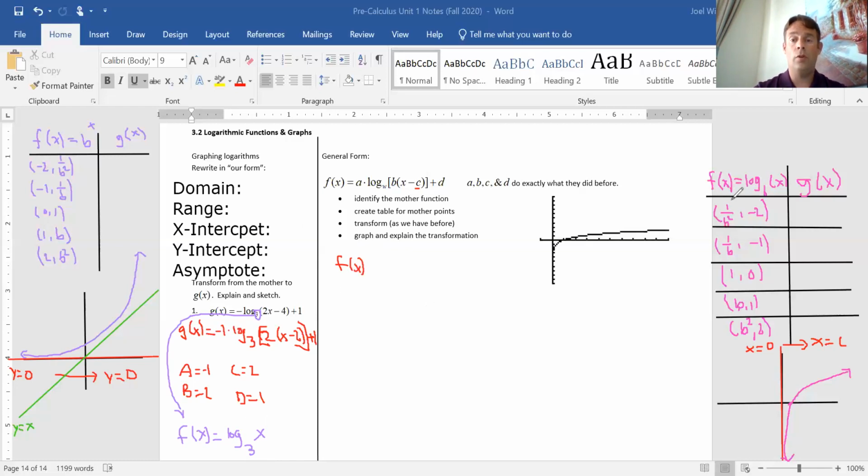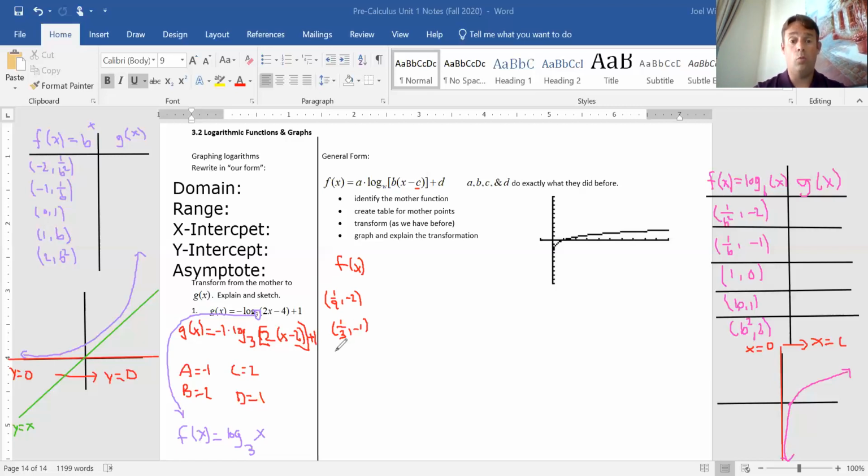So we have 1 over b squared, negative 2. So we're going to flip them. So take that base and we're going to square it. So 3 squared is 9, but that goes in the denominator. So I have 1/9 and negative 2. And then we have 1 over b, so 1/3, negative 1.